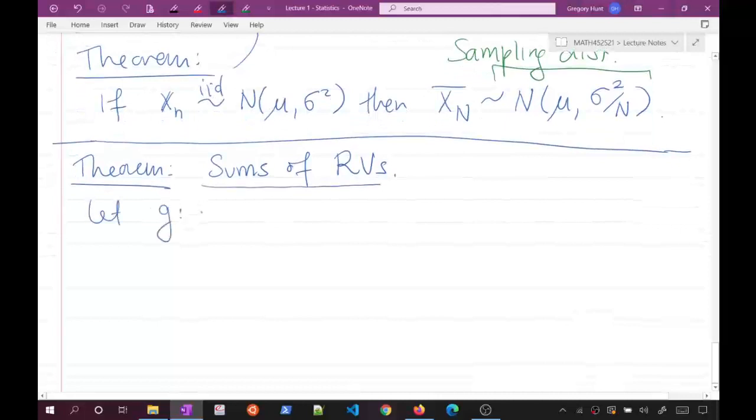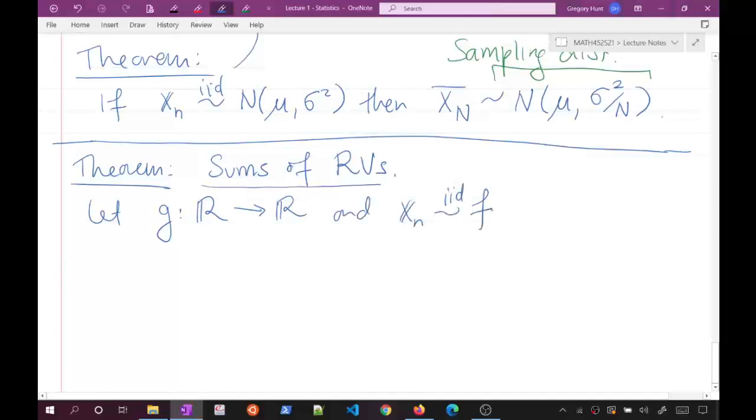Let's first let g be just some real valued function. And we're going to have a random sample, some Xn's from some distribution. We don't even know what the distribution is.